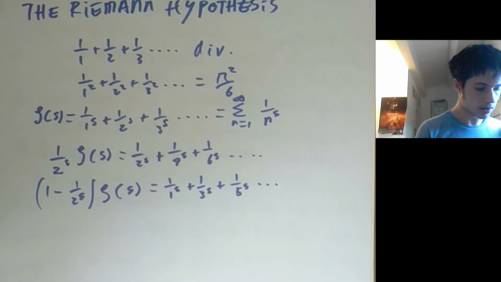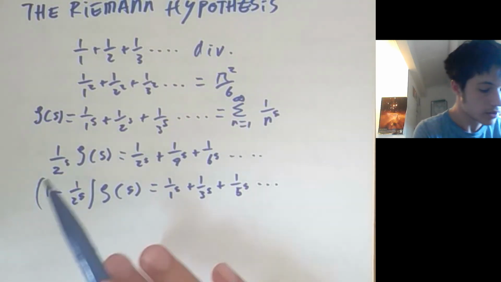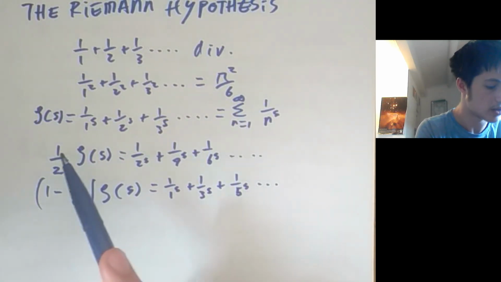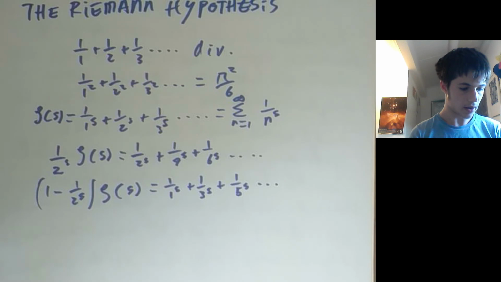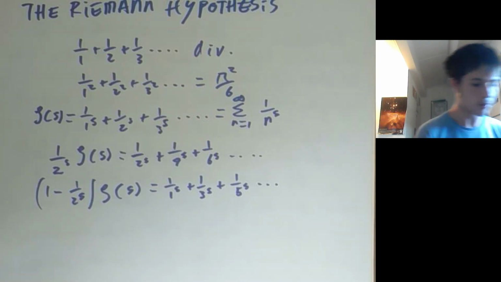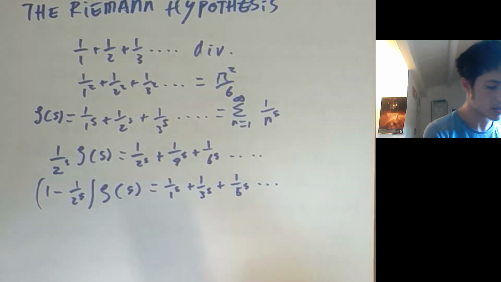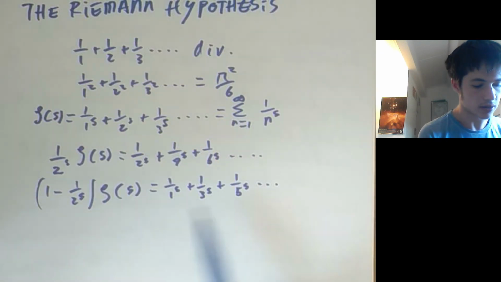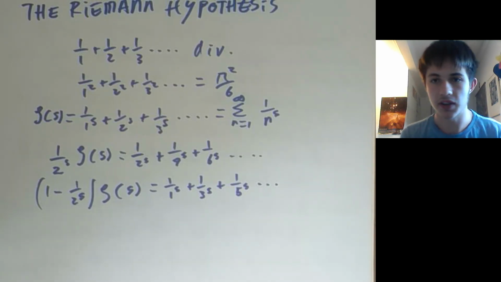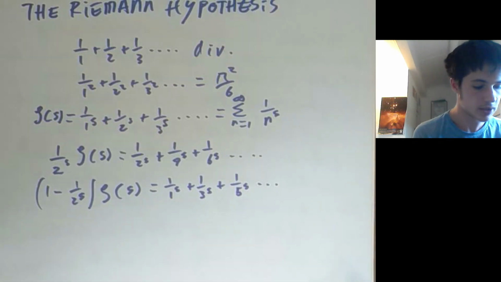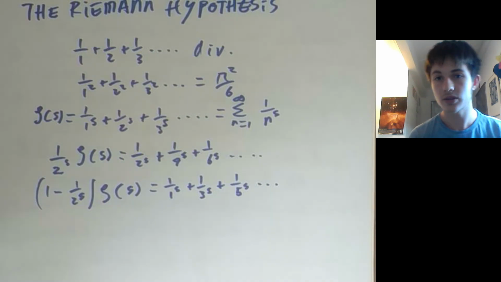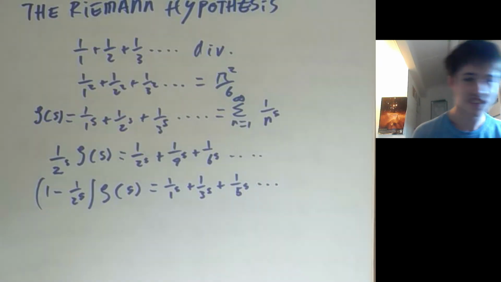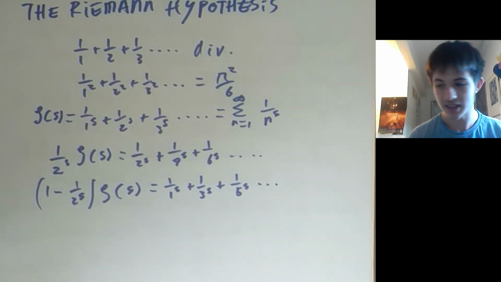And we can do the same with 3: we multiply zeta of s by 1 over 3 to the s, and we see that we get all the terms whose numerators are divisible by 3, and by subtracting that from this, we can kill those off.